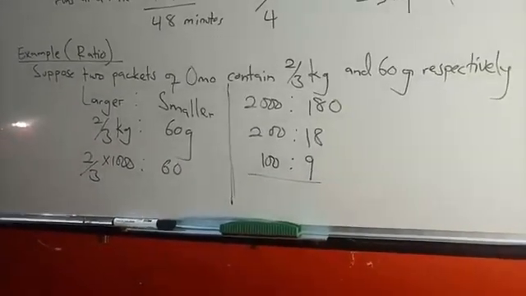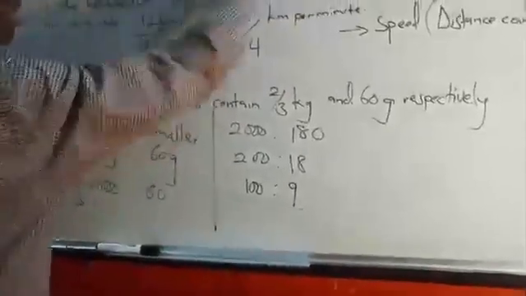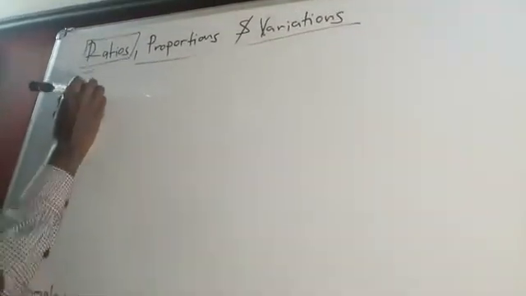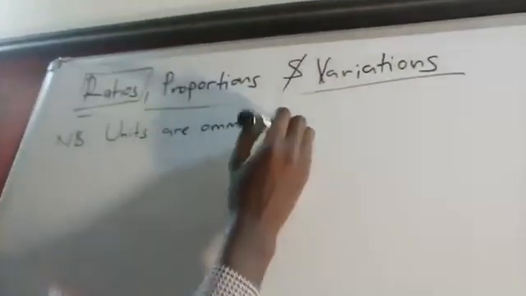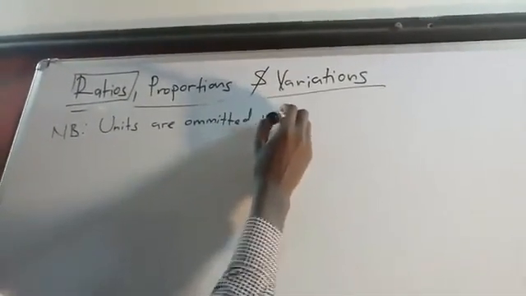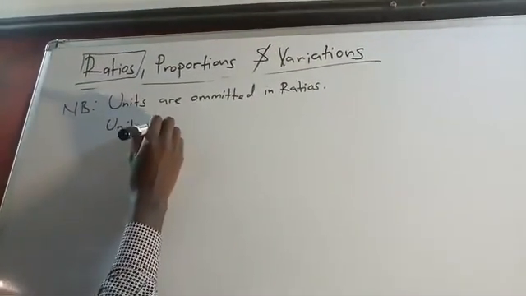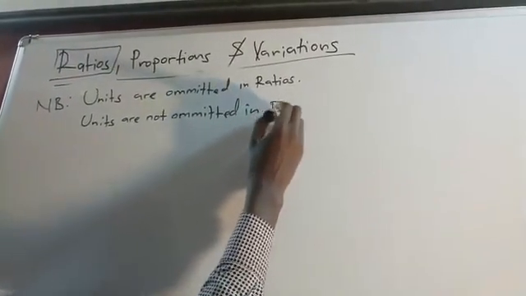Let's note something. NB: units are omitted when we are computing ratios, and units are not omitted when we are dealing with rates.